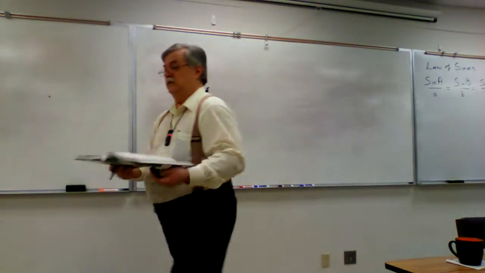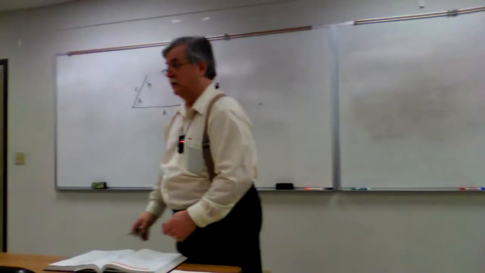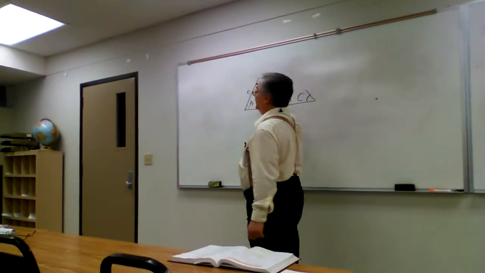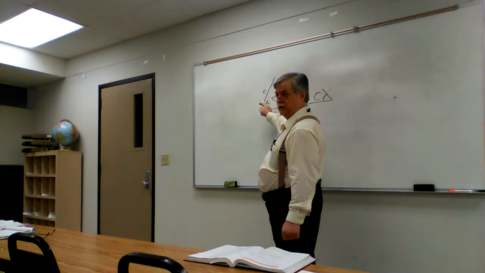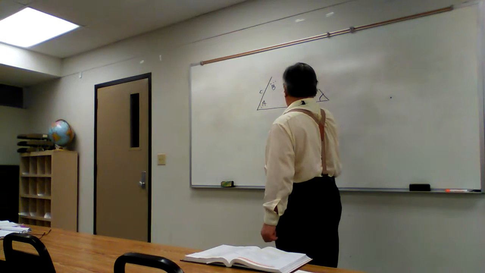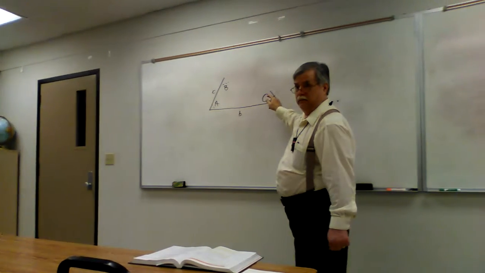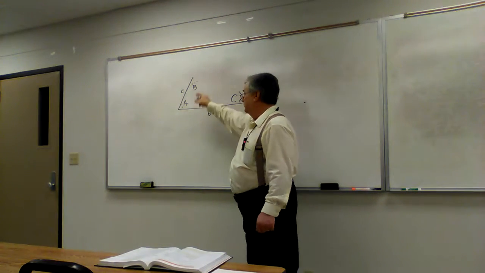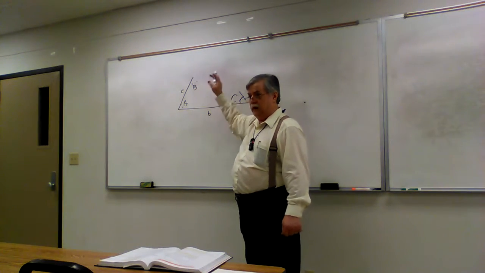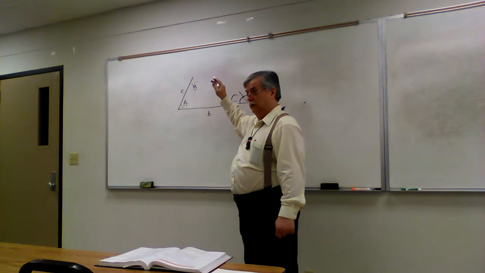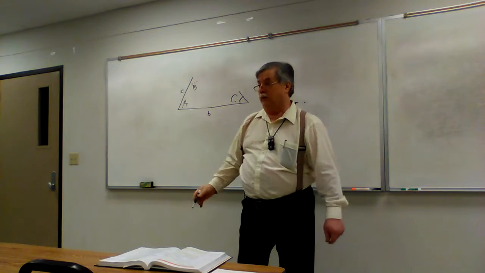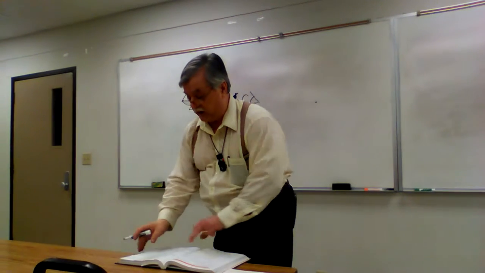Now what they're saying is that if you don't know what this angle is here or this angle is here, but you are limited to an angle here and these two sides, then the result may be a triangle, or it may be more than one triangle, or it may be no triangle at all.